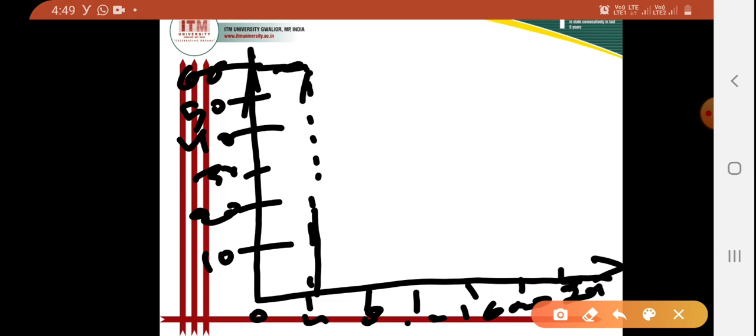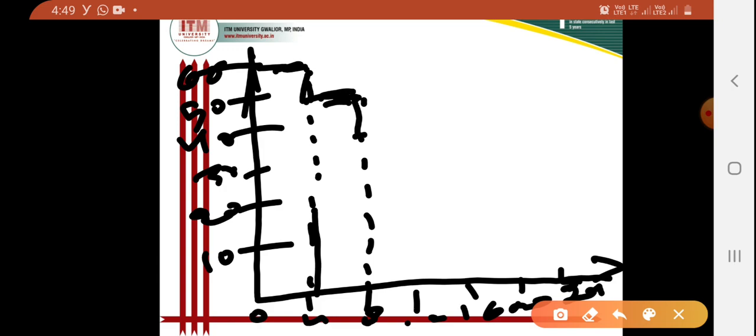For the next height I have to draw, that is also for 4 hours, that is 50 megawatt. Then the next highest load is 40 megawatt, and that is also for 4 hours.